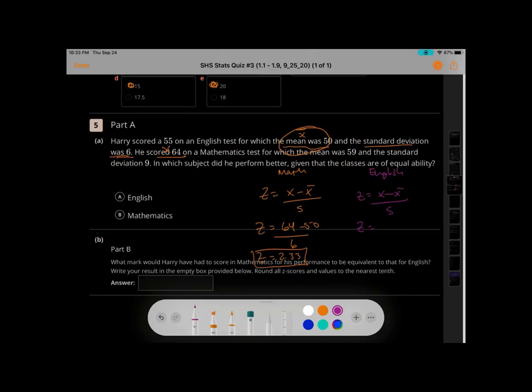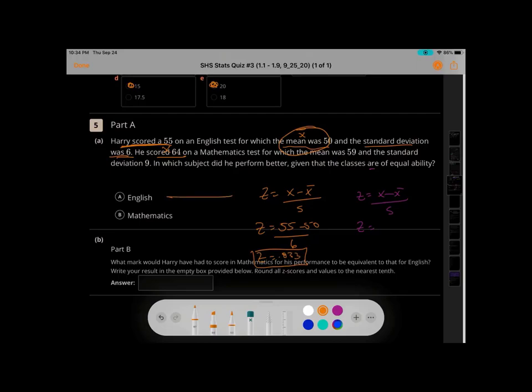English is mostly this side. So just try that again. Harry scored 55. So 55 minus 50 divided by 6. Okay, this gives me the z-score 0.833.